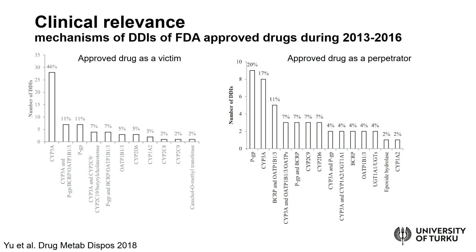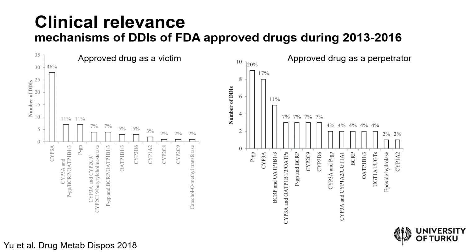In further updates on this topic, the transporters that really come up here are PGP, BCRP, and OATP1B1.